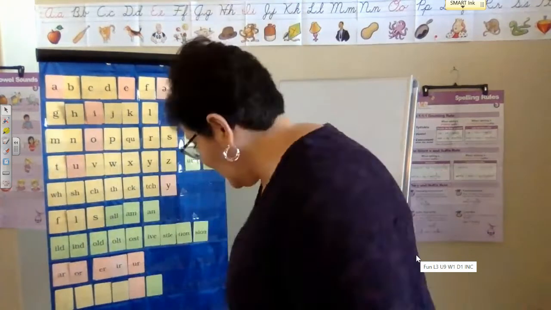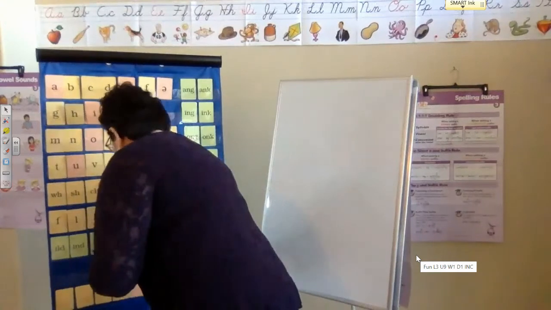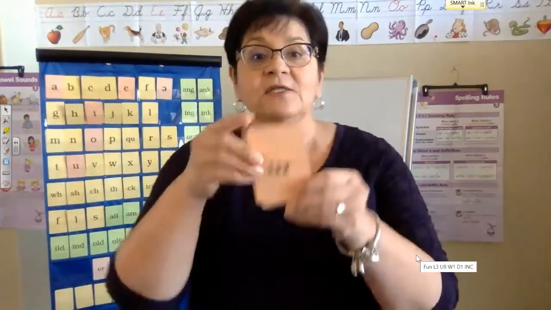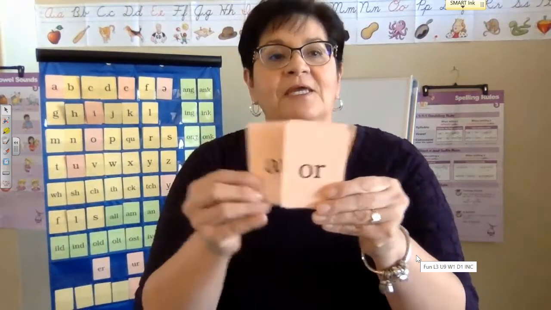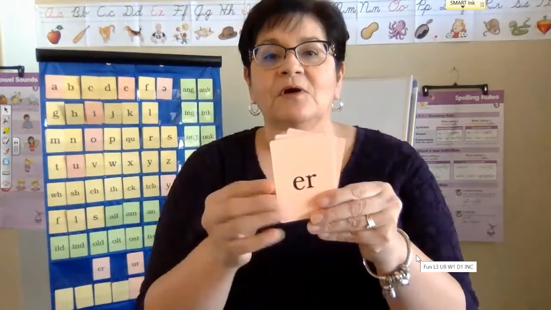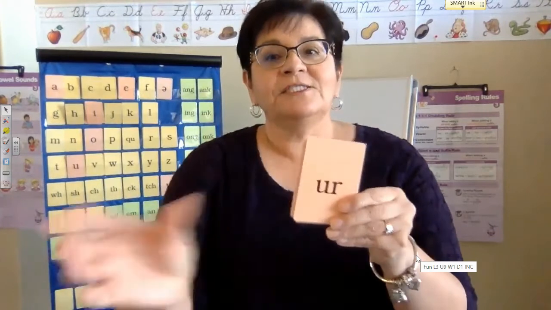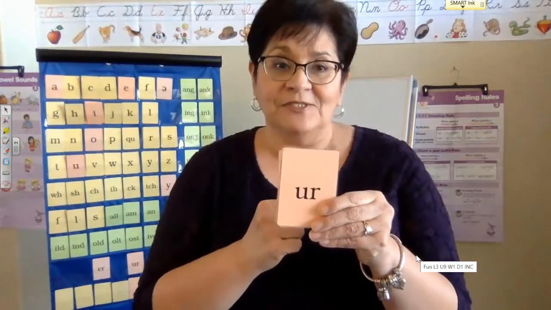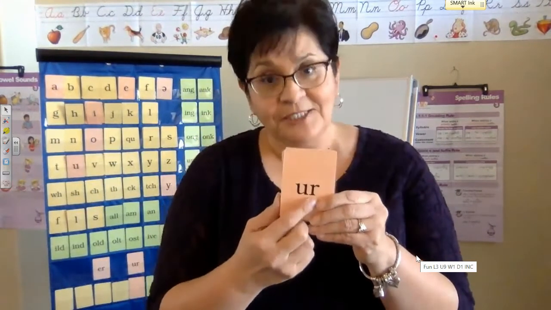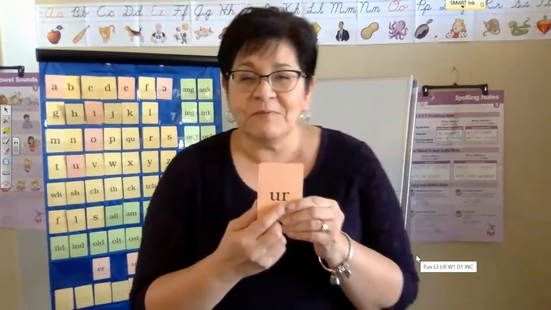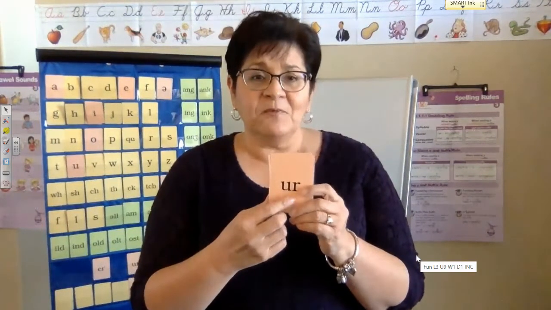So let's take a look at those R-controlled sounds. E-R, A-R, O-R, E-R, and an I-R. What do you notice about each of these sounds? Yeah, it has a vowel and a consonant, and the consonant is the R. If you remember, a closed syllable is one vowel followed by one or more consonants.